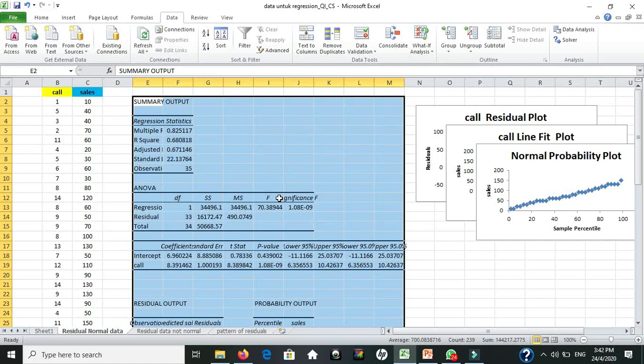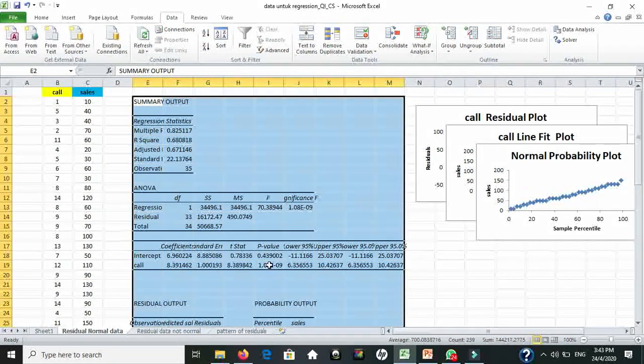Normally, if we want a very fast indication of whether there is a relationship or not, we go for the p-value.